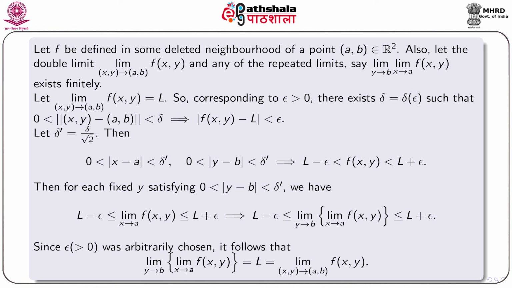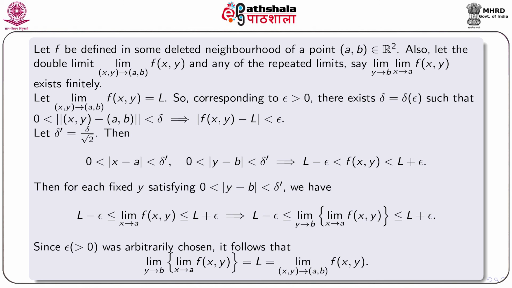Now we consider each fixed y such that 0 is less than modulus of y minus b less than delta dash. Then we consider the limit of f(x, y) as x approaches a. So we have L minus epsilon less than or equal to the limit of f(x, y) as x approaches a less than or equal to L plus epsilon. Then we consider the limit as y approaches b.